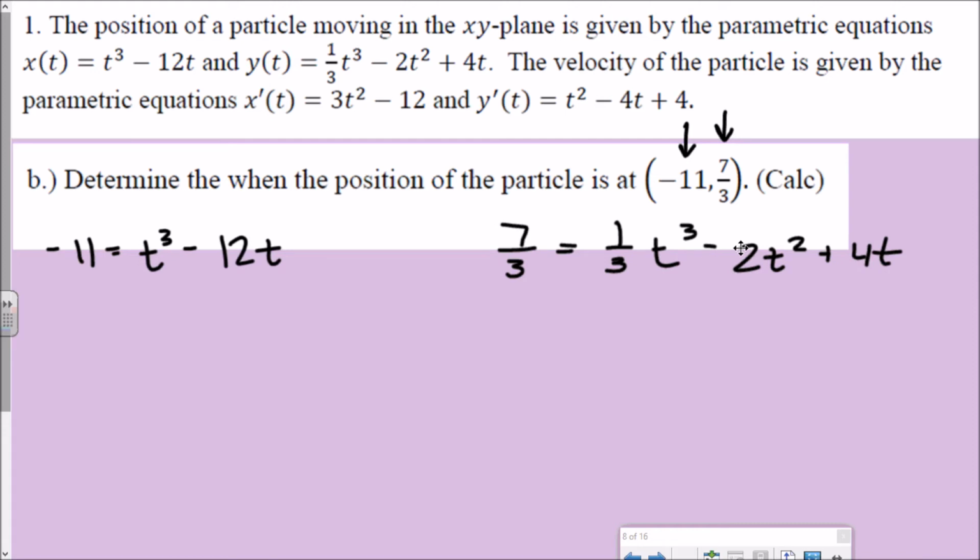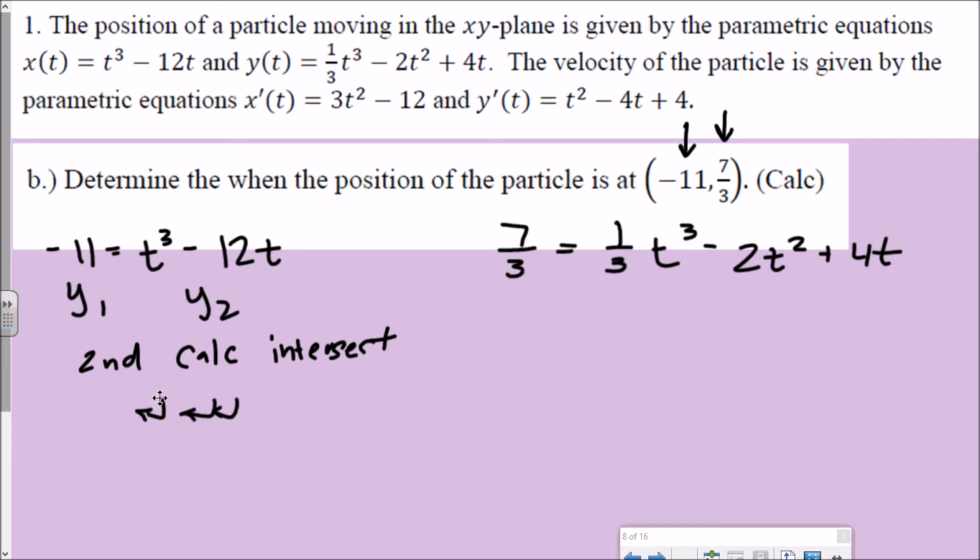Again, you're going to do that by doing y1, y2, and finding their intersections. And then you go enter, enter, enter. You have to make sure you are near the intersection that you want by using the arrow keys. So you'll go left and right till you get close, and then you'll do enter, enter, enter.